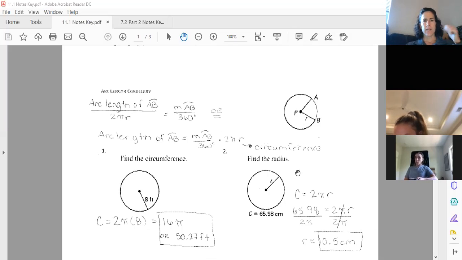The formula is there, and there are different ways to manipulate it. If you think about it, it makes sense. Look at the second formula: the arc length of AB is equal to the measure of the arc over 360. That gives you a percentage, what percent this arc is out of the whole circle. Then you multiply that percent by the circumference, because it's arc length, okay? So it kind of makes sense in the grand scheme of things.